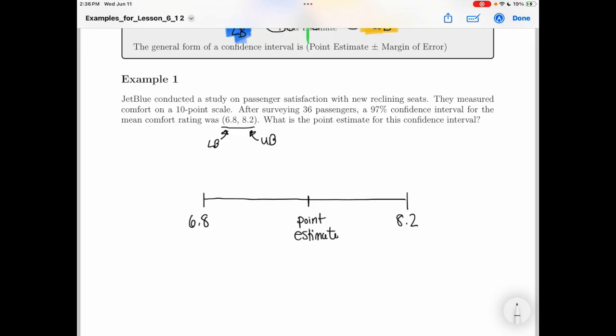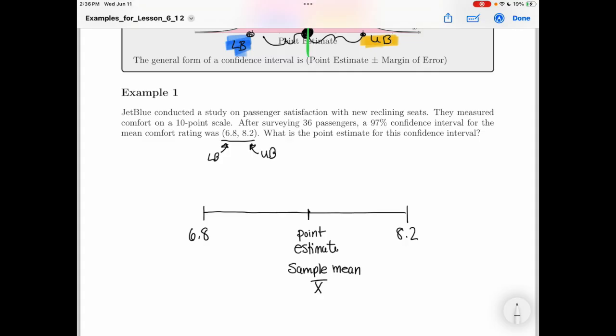And because we're talking about averaging here, the scores of this 10-point scale, this point estimate in this case is considered the sample mean, which is our X bar. So our point estimate is in the middle. We need to find the value in the middle.